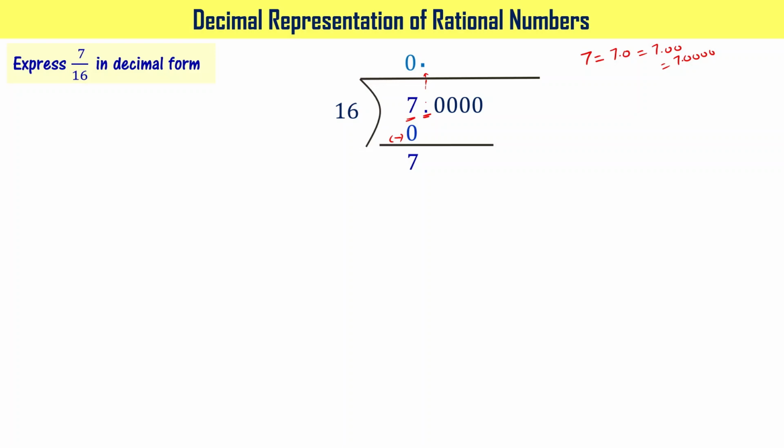Once you have dot there, you can bring down this 0. When I do that, I get now 70, right? Let me divide now 70 with 16. 4 times 16 is 64, right? When you subtract 64 from 70, what you get is 6, right?